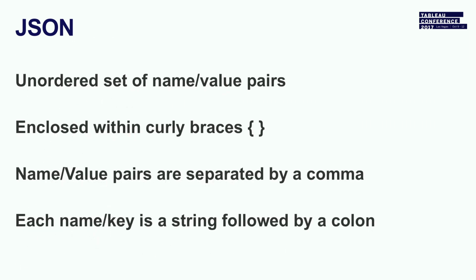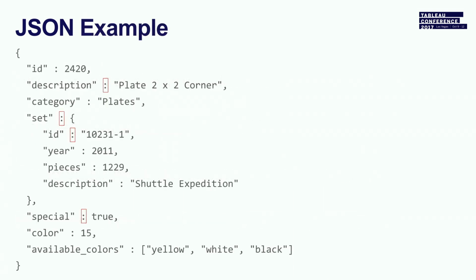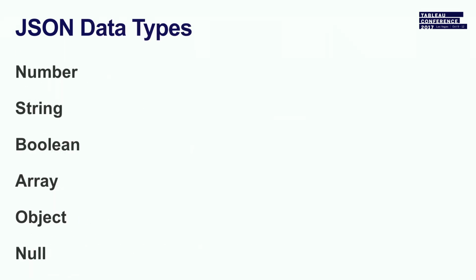And finally, every name or key in a JSON document is a string, and it is followed immediately by a colon, as indicated here. Now, those are the only 4 grammar rules that JSON imposes on you. Compare this with XML, which is cryptic.